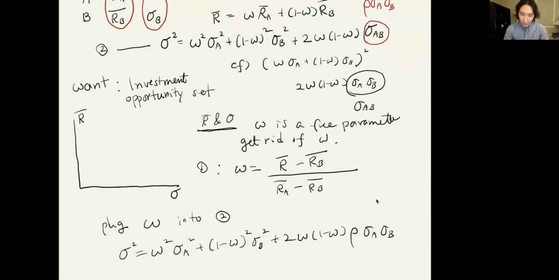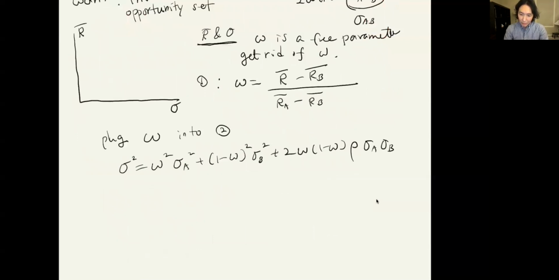Okay. So if you plug this W into this equation here, then you will get a relationship between, what do you get the relationship between? Sigma and R. Okay. So let's take a look at some easy cases. Suppose the correlation is 1.